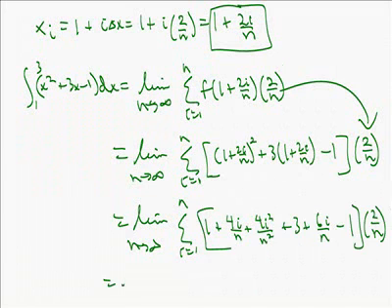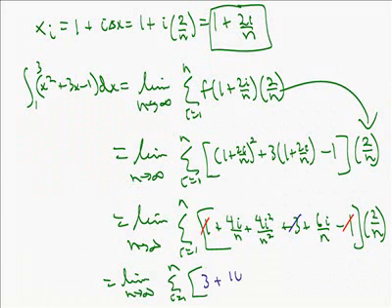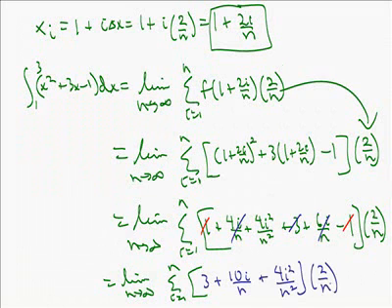So this is equal to the limit as n goes to infinity of the sum i goes from 1 to n. Let's combine like terms. We have a positive 1 and a negative 1, so those go away, and we're just left with a 3. And let's go ahead and put our constant in there first. Let's see, we have 4i over n plus 6i over n. That gives us a total of 10i over n. And then we have 4i squared over n squared, all that times 2 over n.